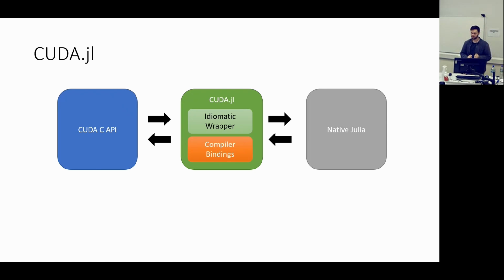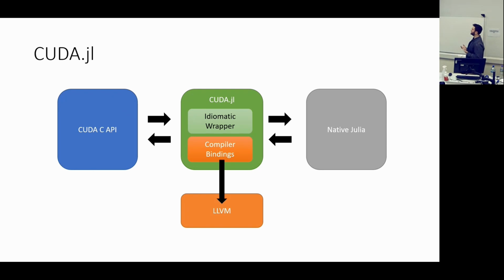So something that's also quite special about this, which is quite different from other languages like Python, for example, is that Julia is compiled. It's just-in-time compiled. That means that you can essentially write some bindings to directly generate your GPU machine code from the native Julia code. So we're not restricted to only using what's in the C API and having to write our kernels in C. We can just write what we need in native Julia.